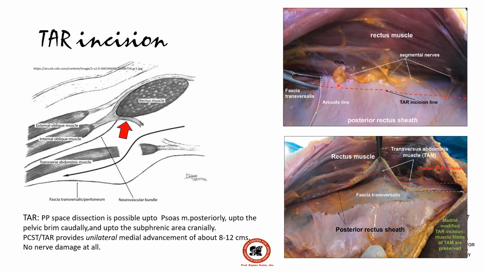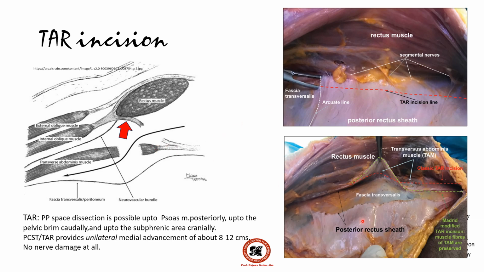This is a TAR incision, and this is preferably modified, in the sense if you give it slightly more medial to this, that means the green one, that is the Madrid modification, because then you would not be injuring these nerves, and underneath, the transversus abdominis fibers, part of it would be mobilized medially. See, these are transversus abdominis fibers. So be slightly more medial from the lateral edge so that these nerves and vessels are not damaged.